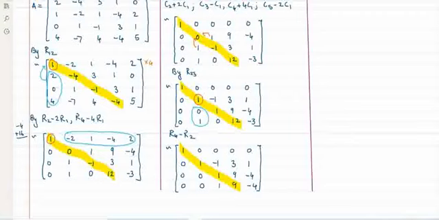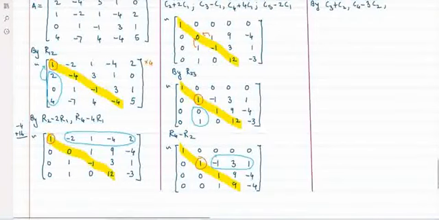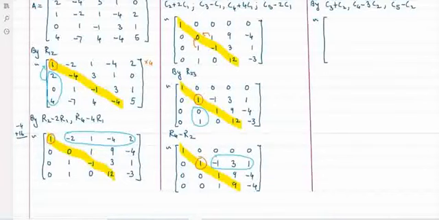After getting the elements below A22 to 0, the next step is to reduce the elements on the right side by using column transformations. C3 plus C2, correct? C4 minus 3 times C2 and C5 minus C2. Make me correct if I am writing the wrong calculations.